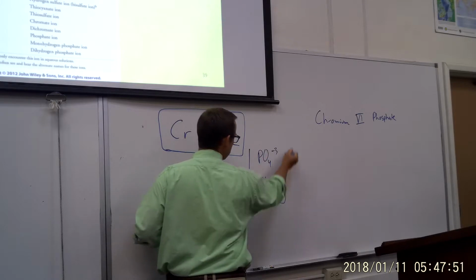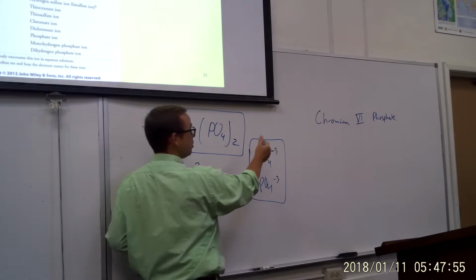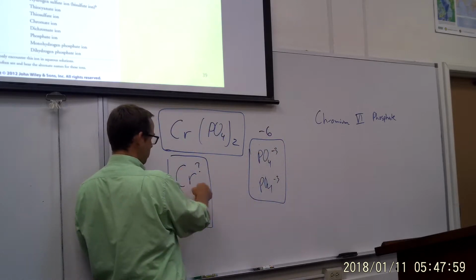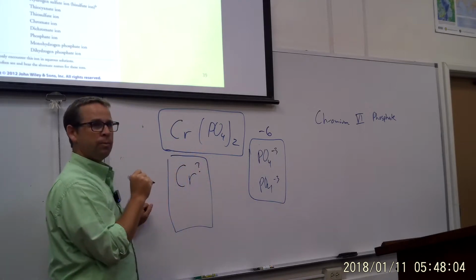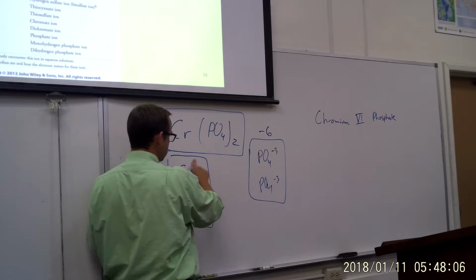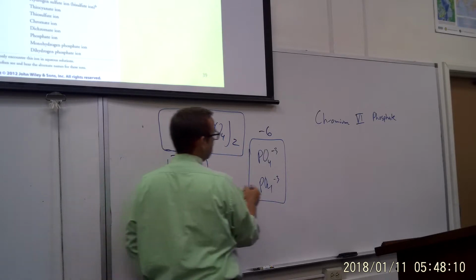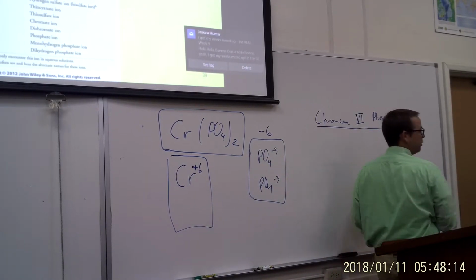And we know that the resulting charge on this, which is what? What's the sum of those 2 charges? -6. That has to be balanced by all the positive things. How many different positive things are there? There's just one, right? So this charge here has to be +6. So once we get that, then we know we have to name it chromium 6 phosphate.